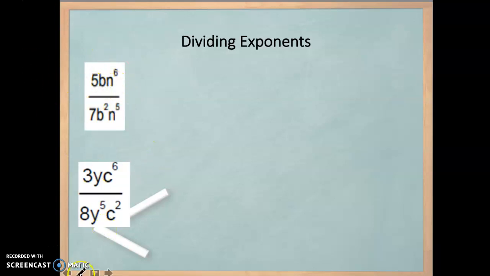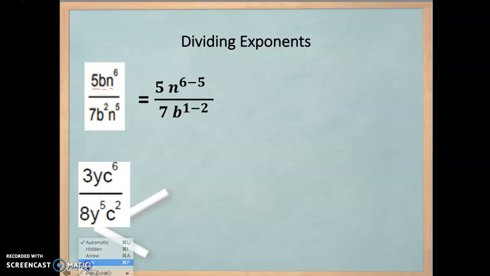What I want you to notice in this example is that there are 3 terms in this type of problem. We have numerical terms, we have the variable b, and the variable n. So we're going to see if this can simplify. The 5 and the 5 cannot simplify, but the b and the n can. But notice this: the b is positive on the top and negative on the bottom.